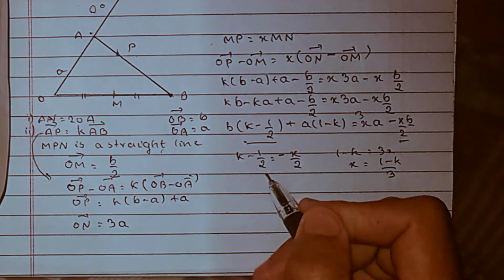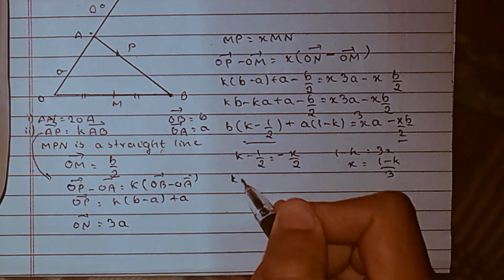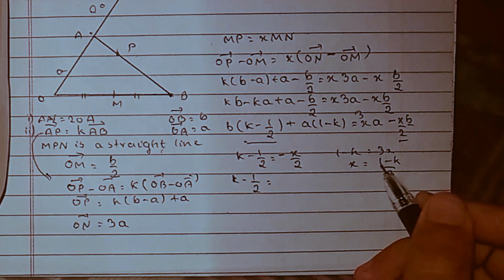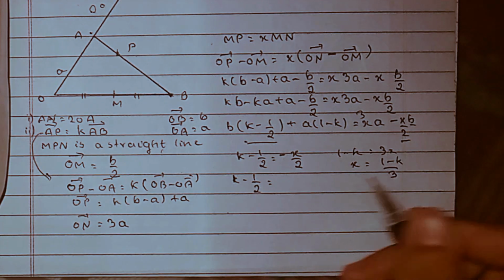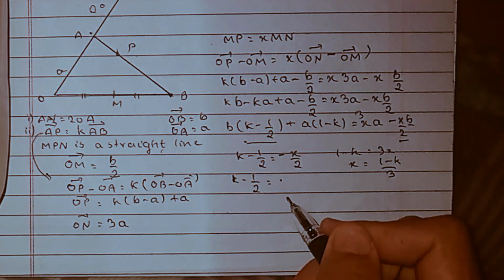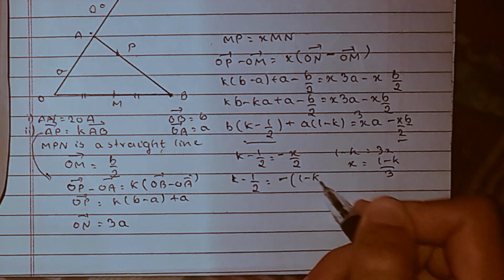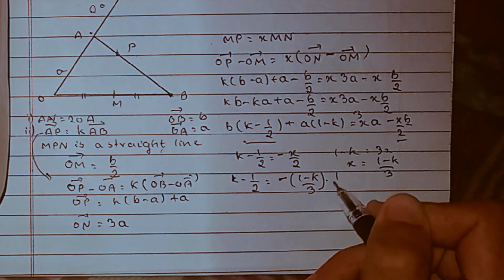Now k minus 1 by 2 equals, the value of x being minus (1 minus k) by 3, times 1 by 2.